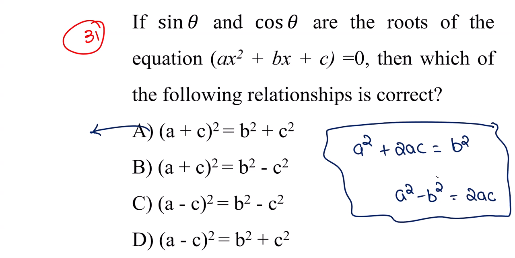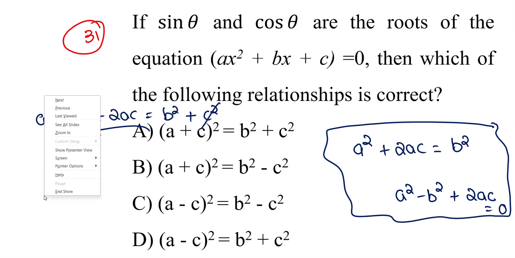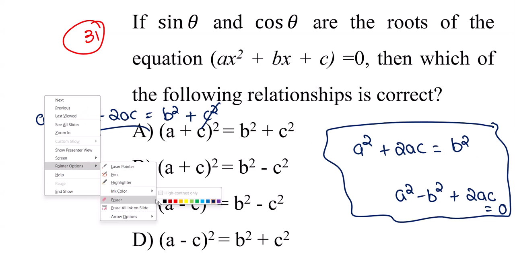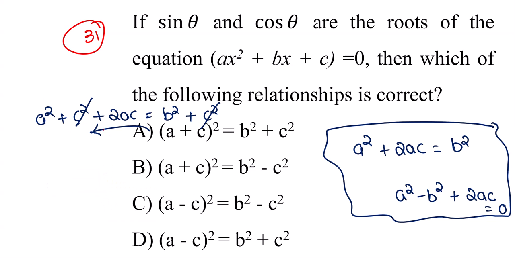If you expand the first equation, a square plus c square plus 2ac is equal to b square plus c square. C square gets cancelled. A square plus 2ac equals b square, obtained in the first equation. Indirectly in the first equation, the same thing was mentioned. So the first option is correct.